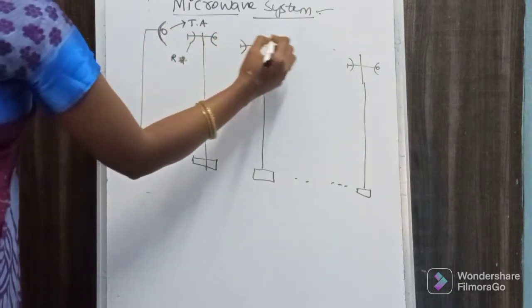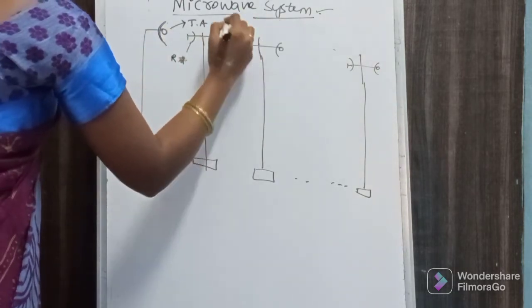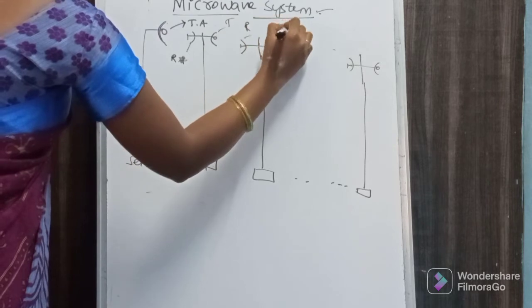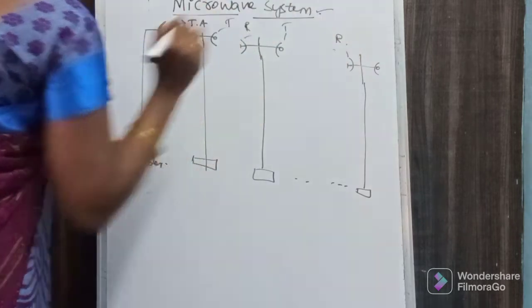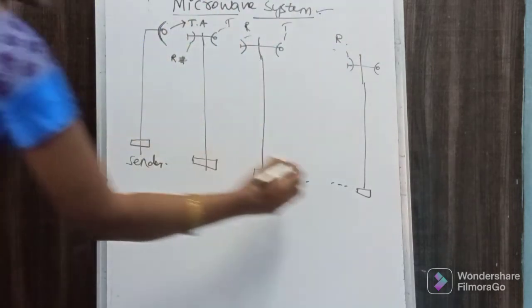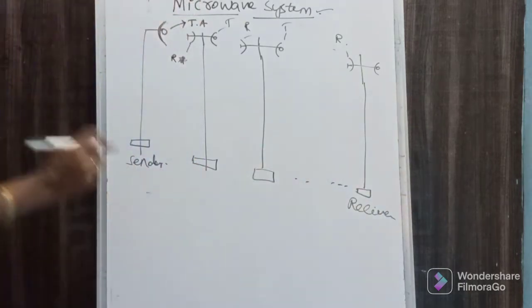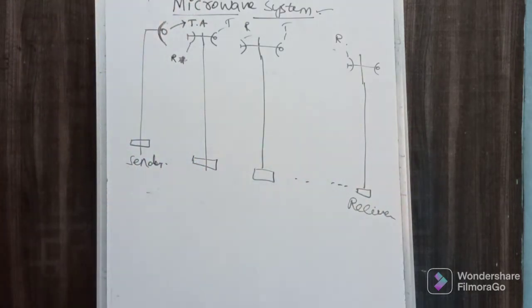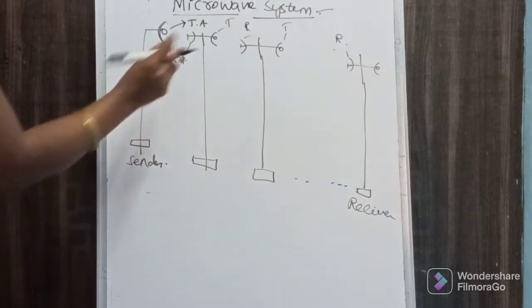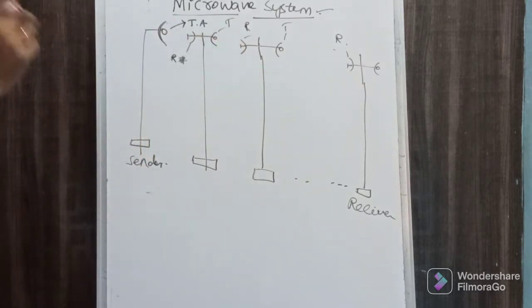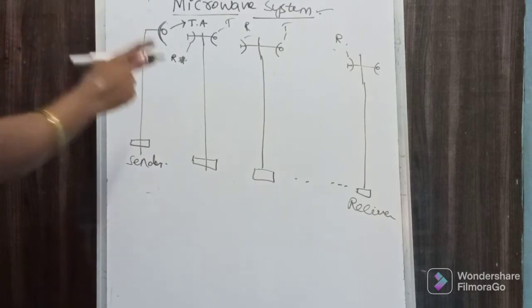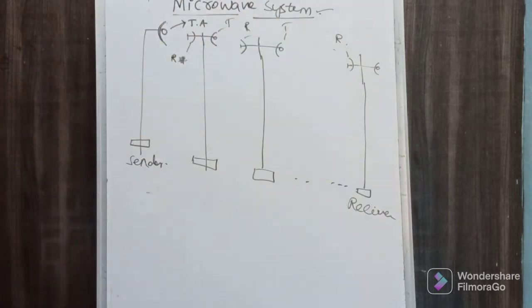So this is a receiving antenna, transmitting antenna; this is a receiving antenna, transmitting antenna, receiving antenna. So between sender and receiver we have many repeaters, so that the data from one station to another can be transferred very correctly if you use repeaters only.